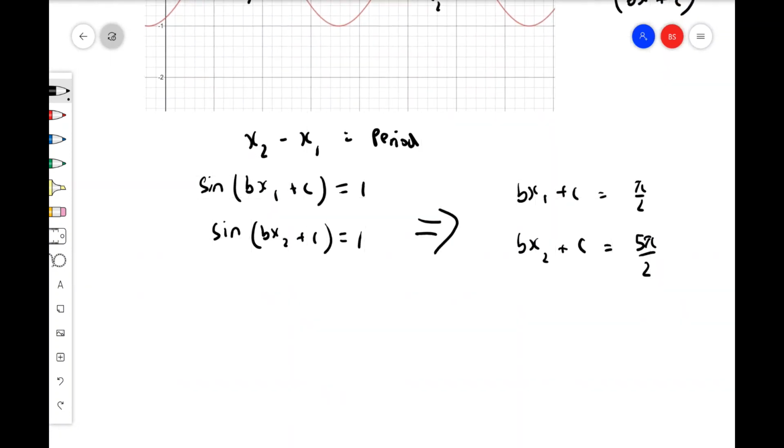Now, solving for x1 and x2, in the first equation we get that x1 is equal to 1 over b times pi over 2 minus c, and we get that x2 is equal to 1 over b times 5 pi over 2 minus c.